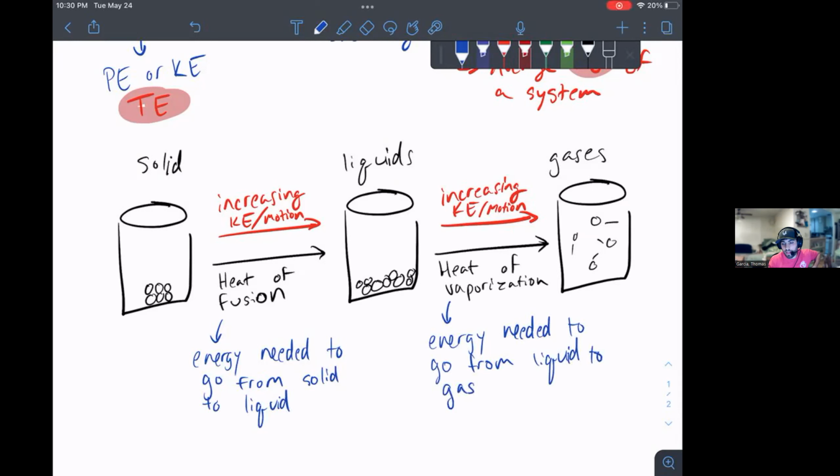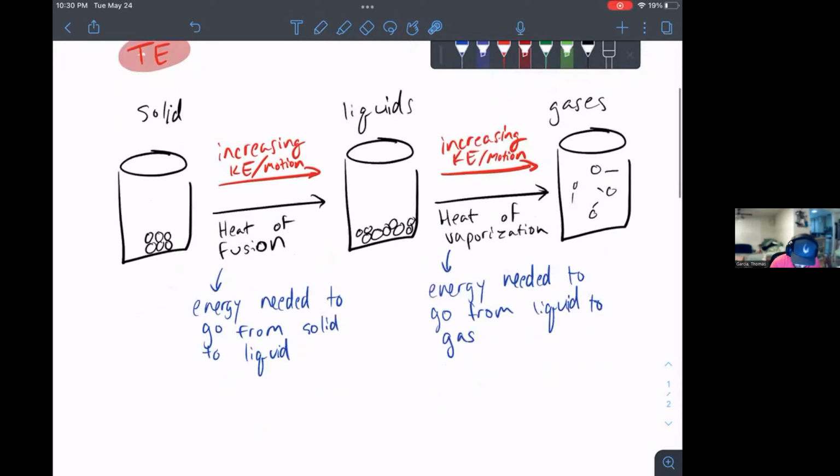Now, it takes a considerable amount more energy to go from liquid to gas than solid to liquid, because as we move from solid to liquid, we're only loosening those bonds. The particles don't have to break off completely. They just have to be able to move a little bit more. But as we go from liquid to gas, these particles are free and individual and flying everywhere. So they need a lot of energy. So the heat of vaporization is usually much higher.